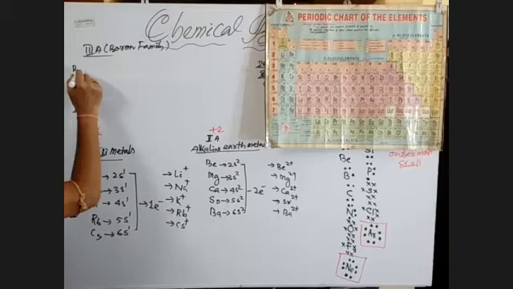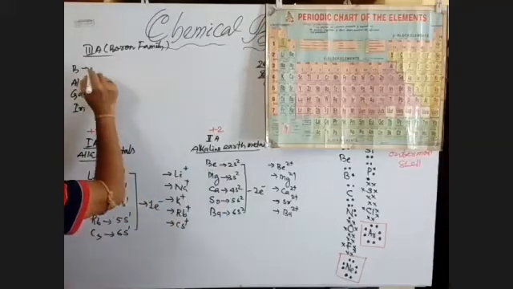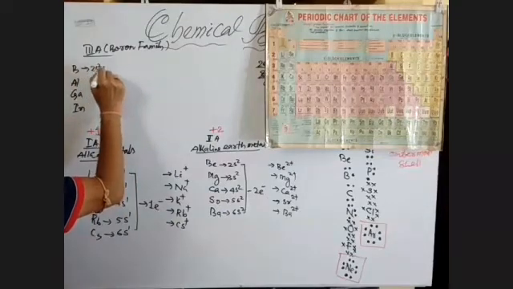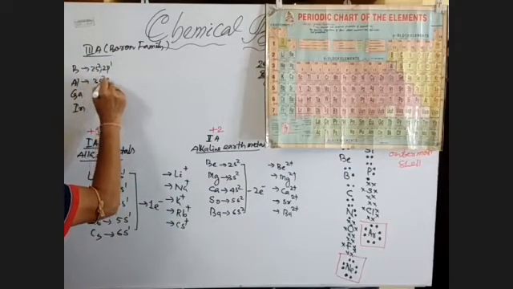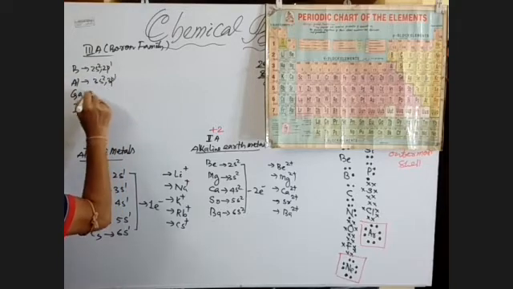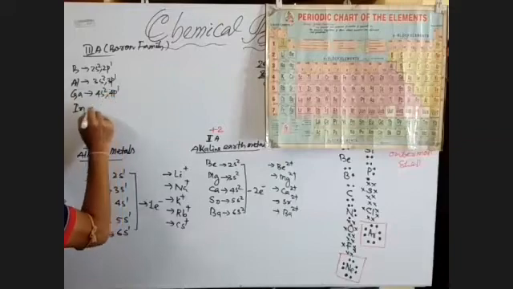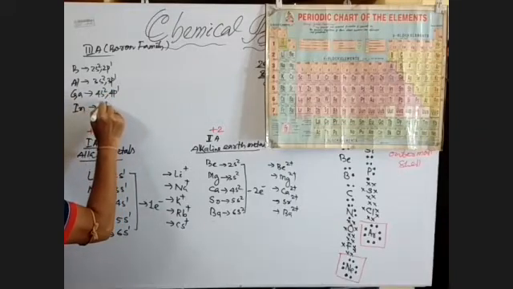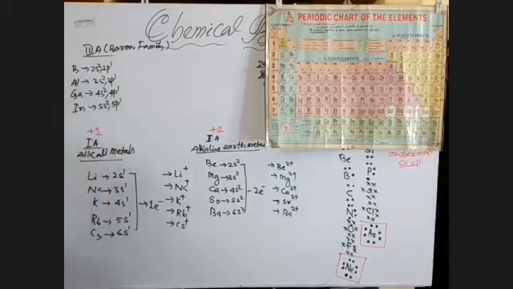What is the general configuration? The general configuration you can find here is 2s2 2p1. Next 3s2 3p1. Next 4s2 4p1. Next 5s2 5p1. So they have three electrons in their outermost shell.